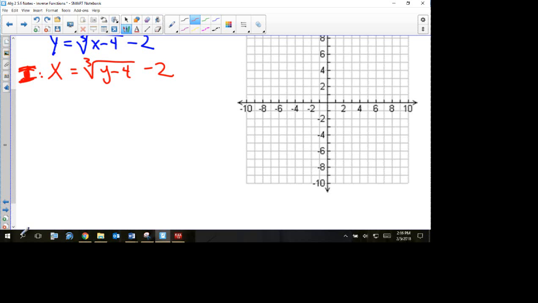Well, look at the equation. What am I going to do to get y by itself first? Okay. So I'll have x plus 2 equals cube root of y minus 4. If you do not pay attention during this part, you're not going to know what to do. What do I do next?